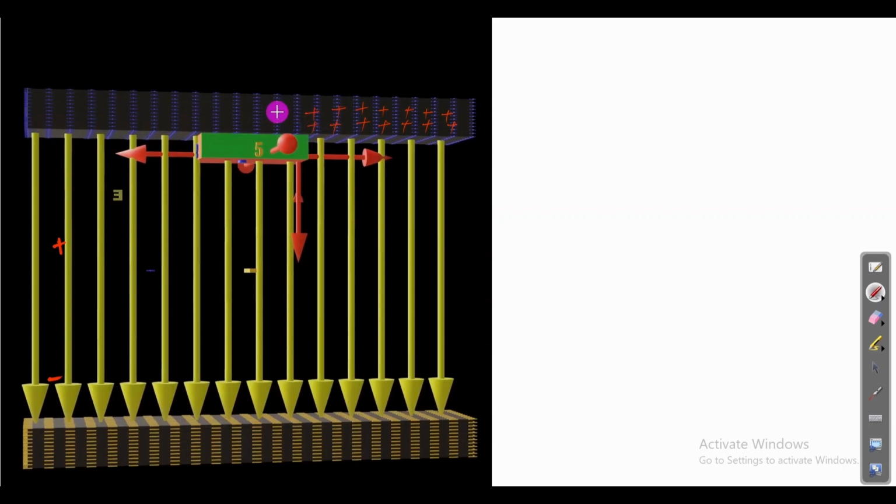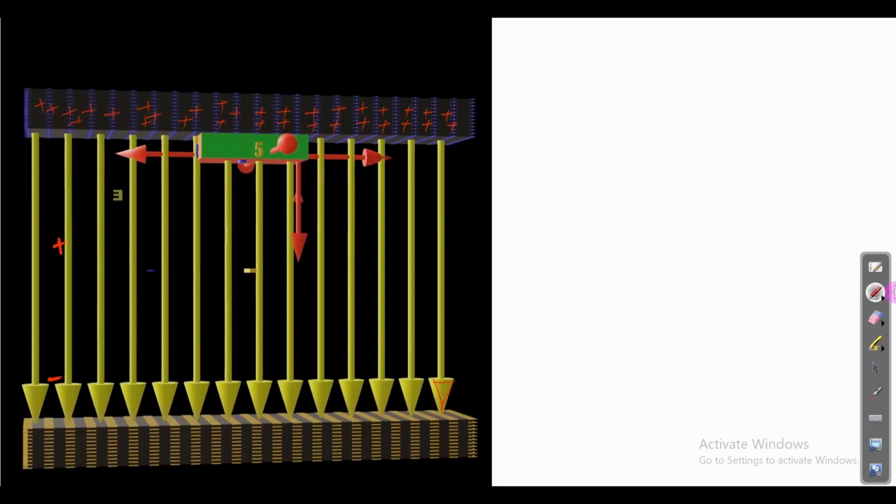Similarly, on the lower side we have this plate, which contains a large number of negative charges, and the electric field lines originate from this positive plate and terminate on this negative plate. So this is the direction, from upward toward the lower side.